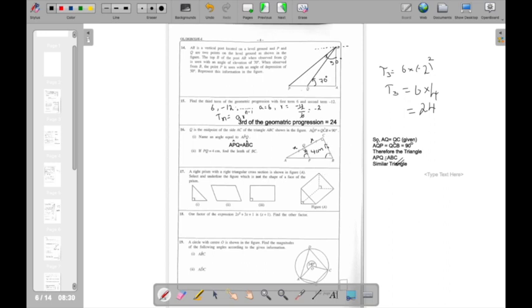Therefore, according to the law of corresponding angles and the law of similar triangles, since this is x and this is x, AC is twice AQ.